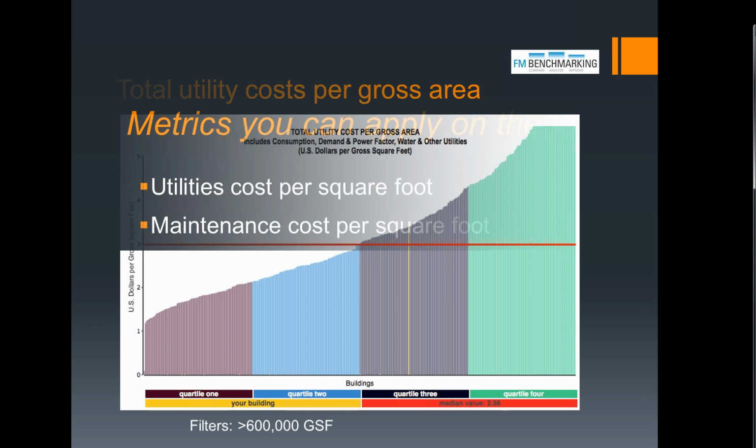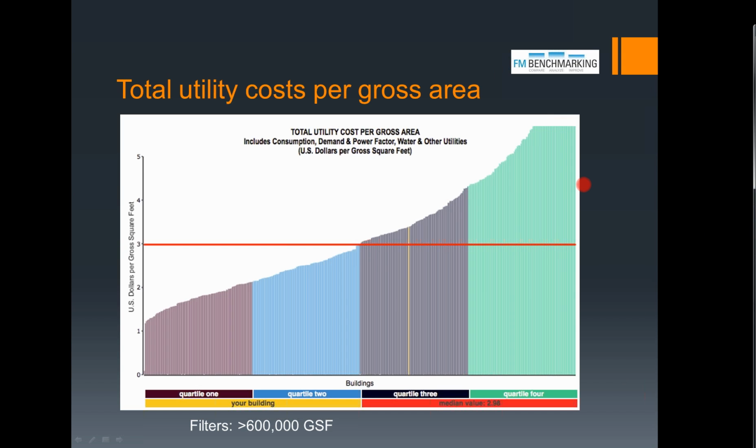Having trouble changing slides. There we go. Okay. A lot of the slides that I'll show you are pretty similar, so let me just by introduction give you kind of the highlights on the chart. We always put the title. In this case, we're looking at total utility cost per gross area. Gross area seems to be the area that most people can readily identify and utilize.